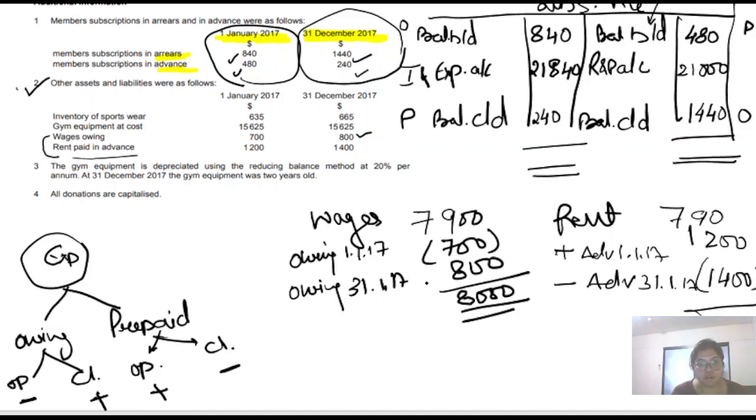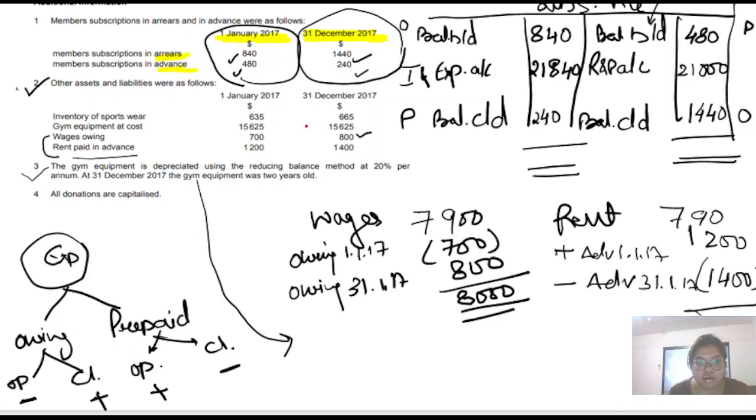So in the third point, they told you to put a depreciation on gym equipment. Okay, we can do it. How are you going to do that? So the equipment, they give all the information related to the gym equipment.